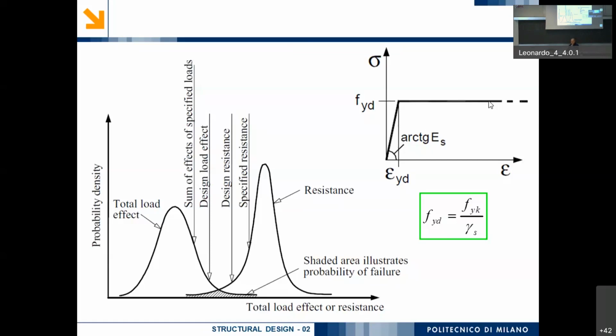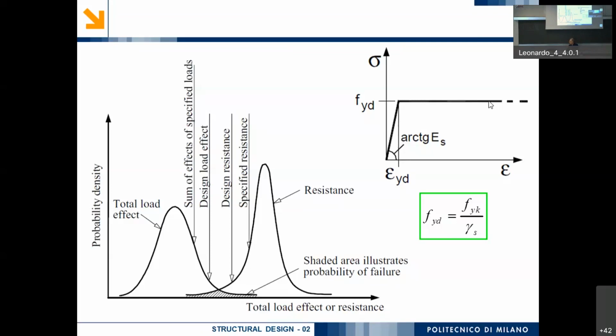Which means that we are referring, for example, to 1 cubic meter of steel, and if I move to one point, I can assume that there is 95% probability that in that point the real strength is larger than or equal to the characteristic value, and only 5% that it's lower.